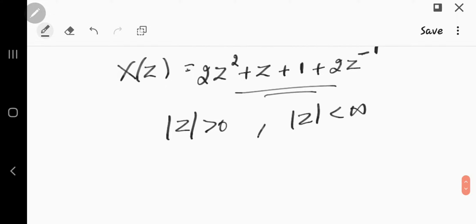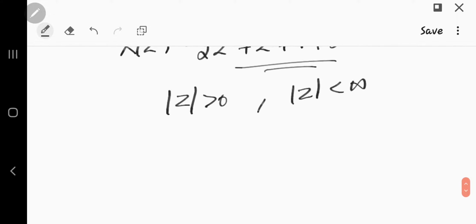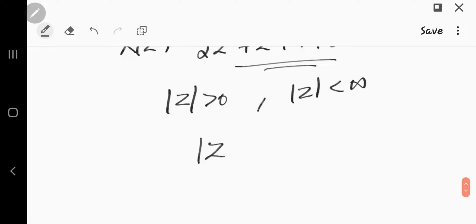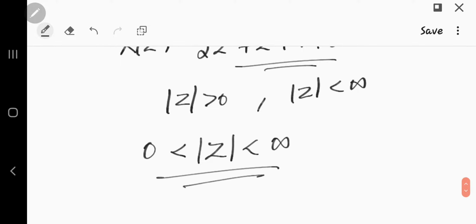Since both of them are present in this signal, therefore z will be present in between 0 and infinity. So this is the region of convergence. So that means between 0 and infinity, the values of z will converge. That is the meaning here.